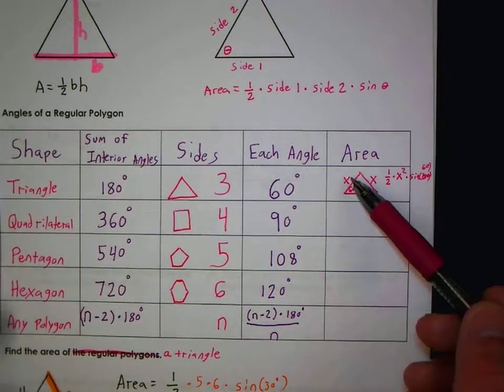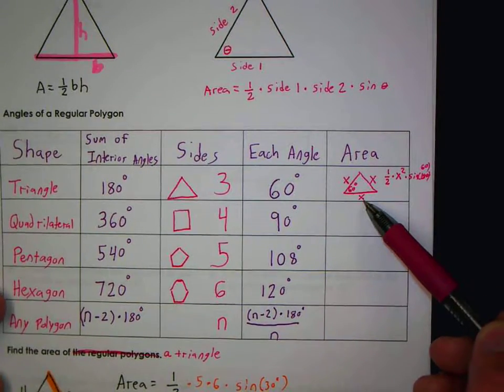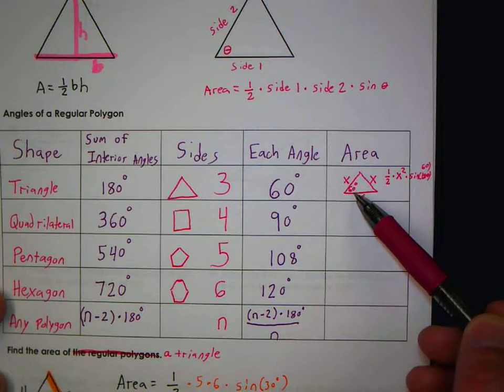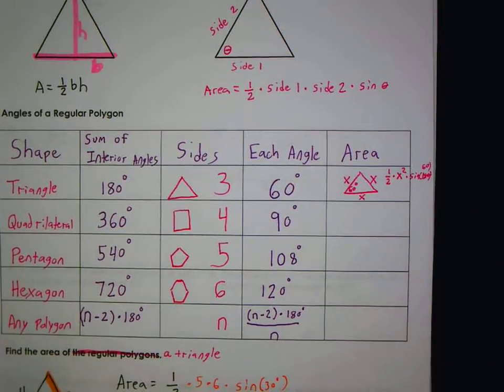So if you know the sides, you just take those, multiply them, divide by 2, then multiply by the sine of 60. Does that make sense? Like, the triangle is not hard.